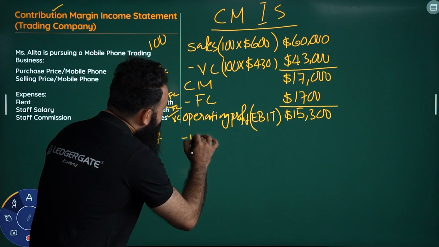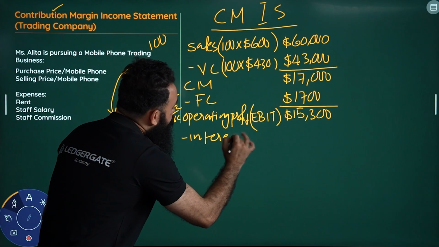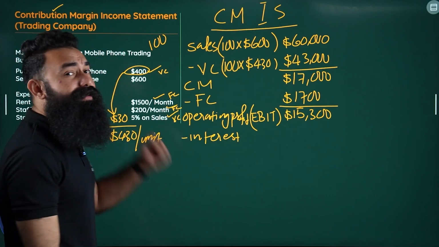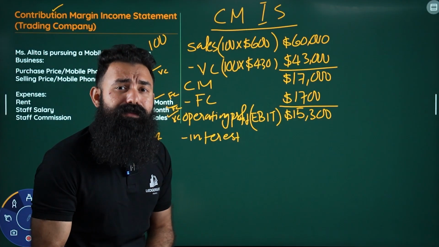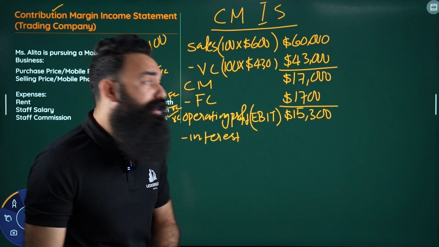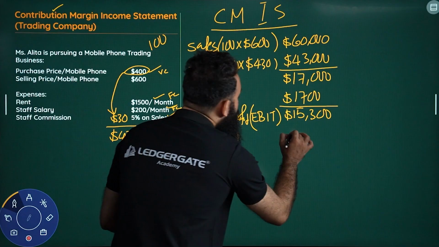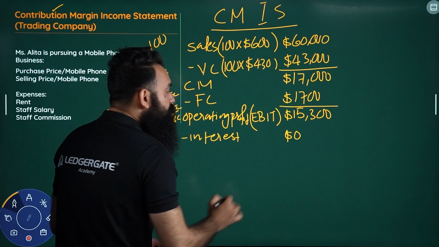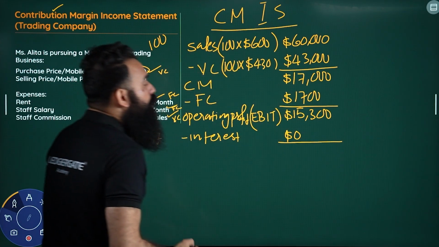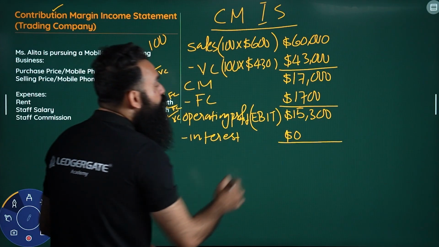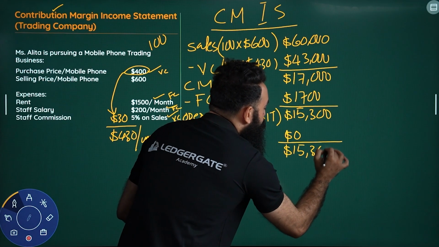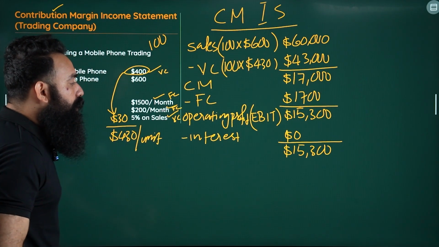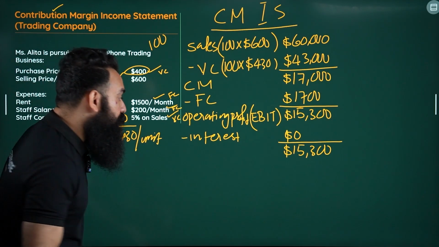We are going to deduct the interest, but unfortunately here in the internal decision making process we are ignoring the finance cost. That means interest we are simply ignoring. That's why our interest would be 0. Now if we are deducting 0 from 15,300, again it will become 15,300.